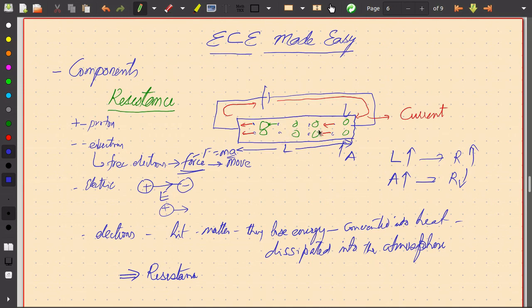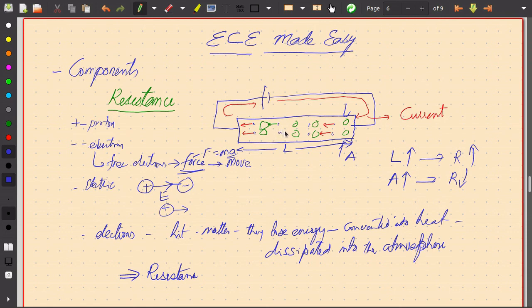So if you apply the property to the road analogy or traffic analogy, then for a given length of the road, for a given width of the road, the resistance faced by anyone depends on the type of traffic you have. That means if this whole thing is made up of only two wheelers, then you have a different type of traffic.